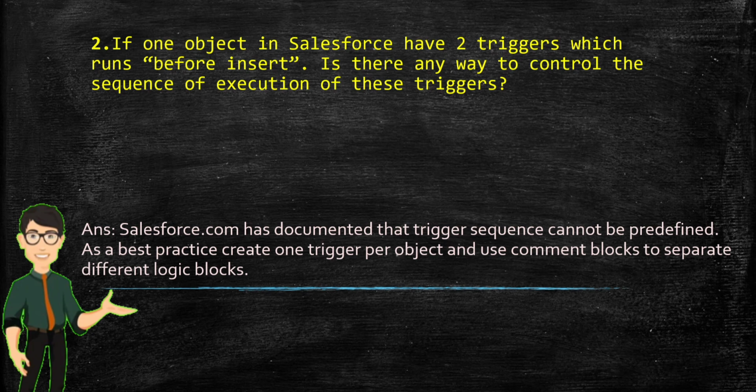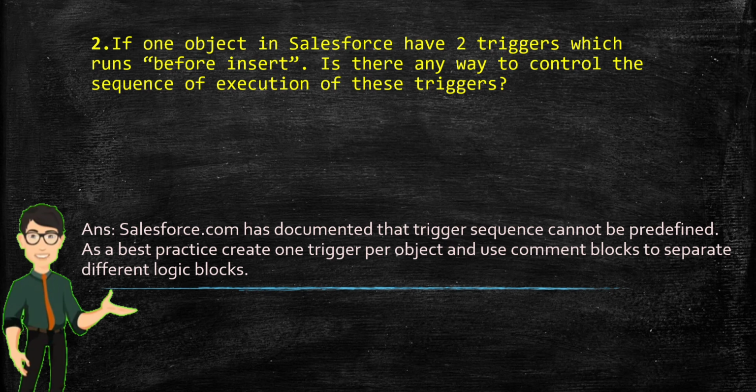Suppose I wrote two triggers for the Account object, where the first trigger handles insert and update, and the second trigger handles delete and undelete operations. We can't define the order of execution, that is, which one runs earlier, trigger 1 or trigger 2. So as a best practice, do not write more than one trigger for a particular object.